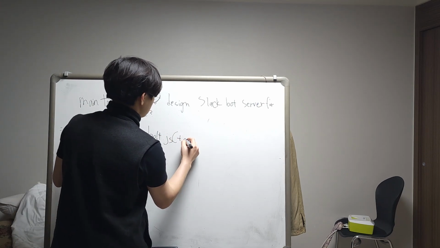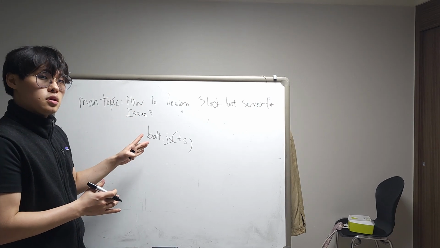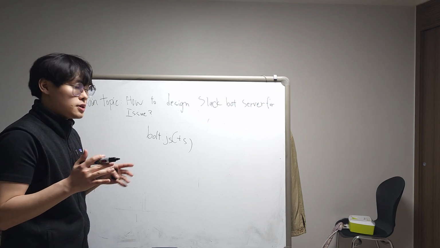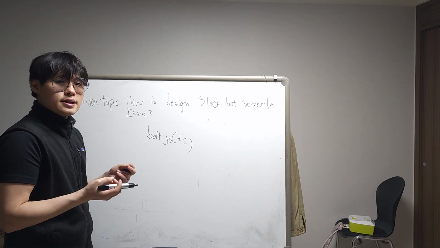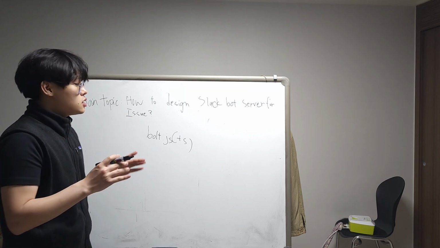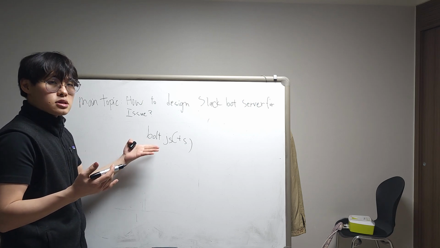Bolt.js is a really simple server framework for Slack bots. And the thing you have to care about is that a Slack bot is basically about events. When you type a specific message, that's an event. So a Slack bot server is just an event listener for all of it.